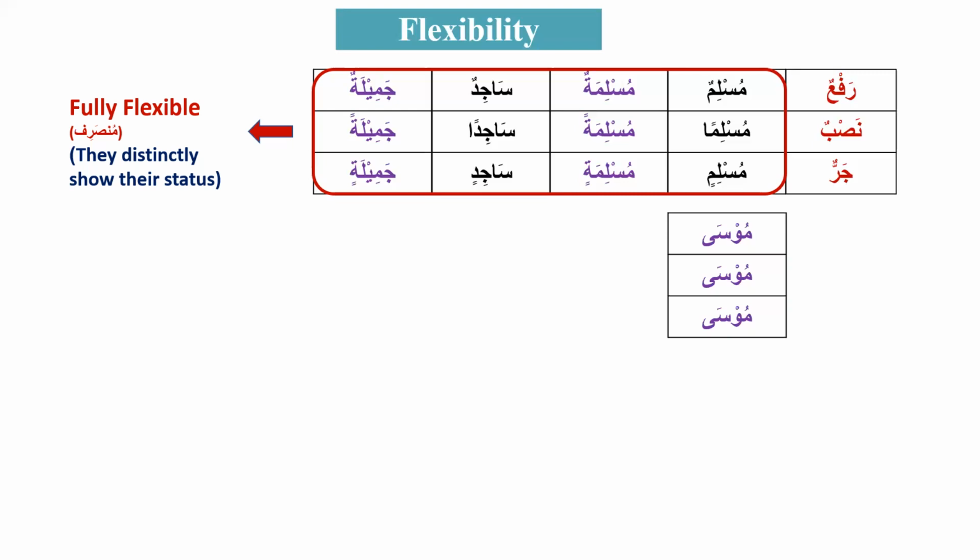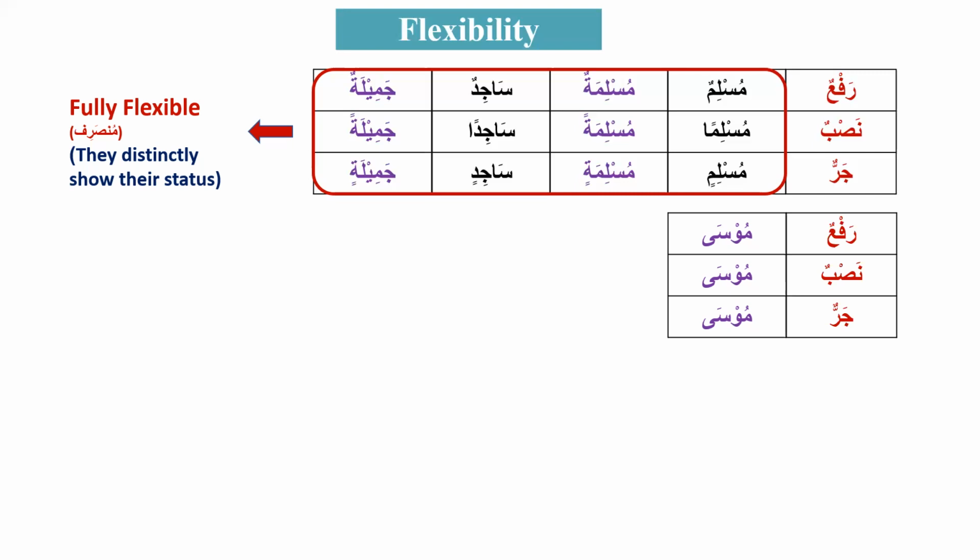But Musa will always be Musa. It cannot be Musu, Musa, and Musi to show its status. No. So it will always be Musa. When it is in rafa status, it is Musa. When it is in nasab status, it is still Musa. When it is in jar status, it is still Musa.